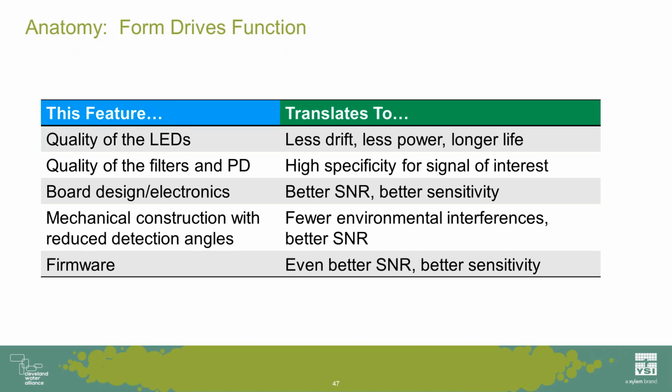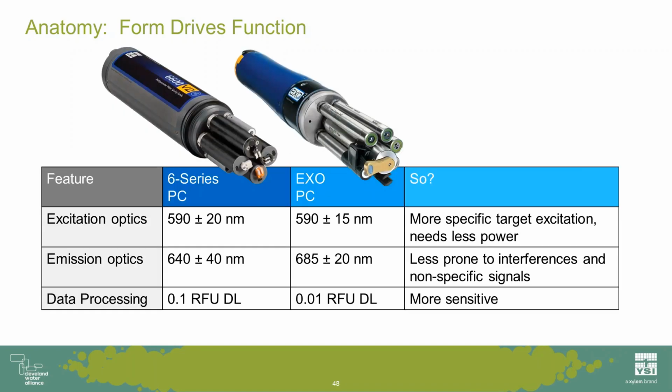A good example of how the technology has evolved and improved can be seen by comparing the 6 series phycocyanin sensor to the phycocyanin channel of the EXO sensor. Remember me talking about those bandwidths being tighter, and you can definitely see that on the excitation and emission optics shown here in the table.